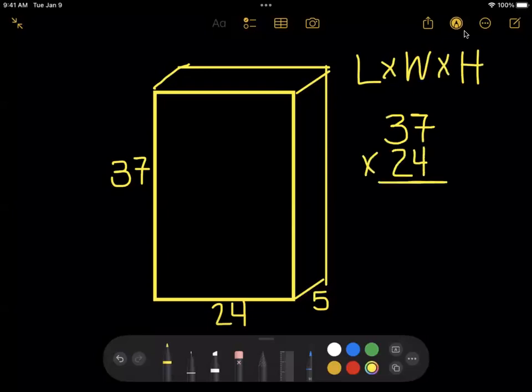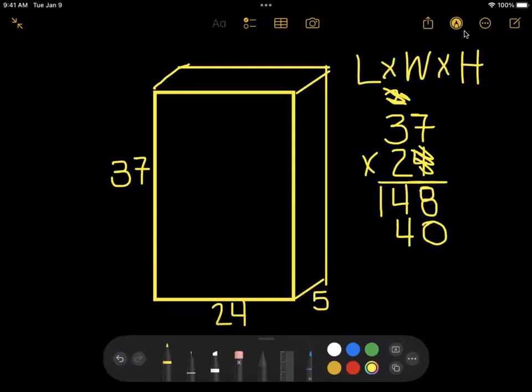Okay, 7 times 4 is 28. 3 times 4 is 12 plus 2 is 14. So I'm going to cross this off and cross this off, add a 0. 7 times 2 is 14. 3 times 2 is 6 plus 1 is 7. Now I'm going to add 8, 8, and 8. Oh, look at that. It's 888.